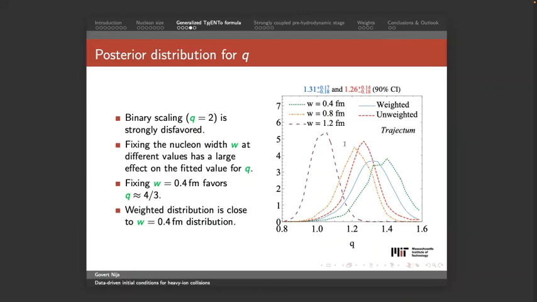And what you also see is that it's sensitive to this width. If you set the width to be very large, then the Q posterior is centered around 1. So if you force it to be large, and as you decrease W, if you just fix it, then the Q rises. So these are clearly correlated.